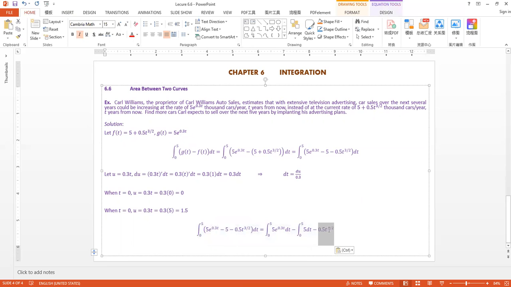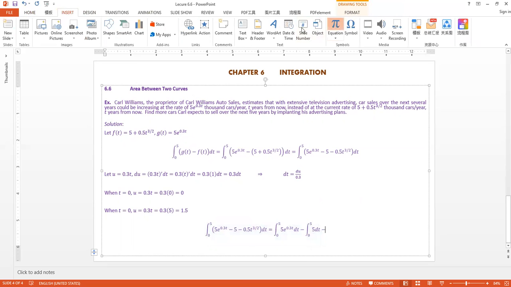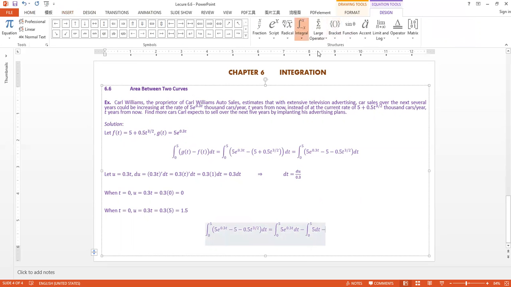Well, I have to write the integral sign first, so let's do it step by step. So we get 0.5 t to the 3/2 dt from 0 to 5.